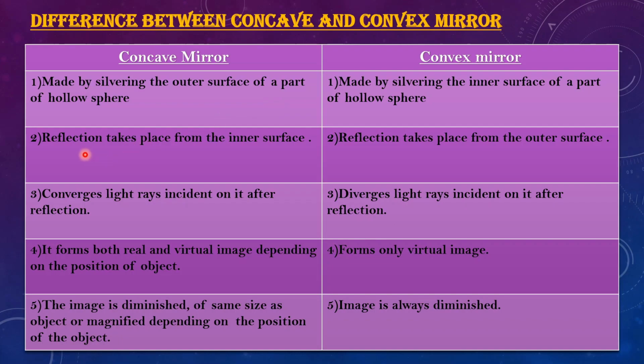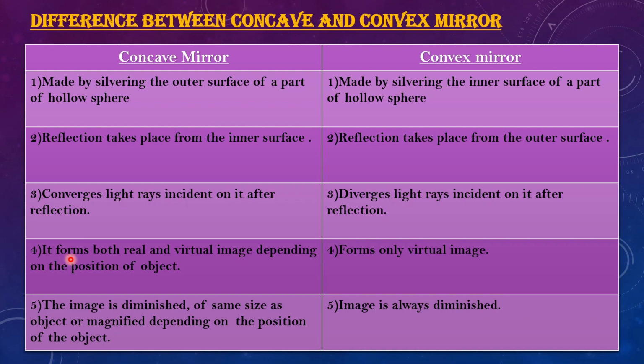In a concave mirror, reflection takes place from the inner surface, whereas in a convex mirror, reflection takes place from the outer surface. A concave mirror converges light rays incident on it after reflection, whereas a convex mirror diverges light rays incident on it after reflection.